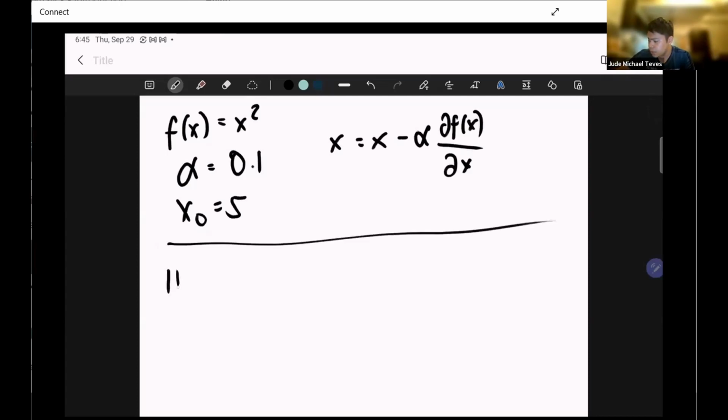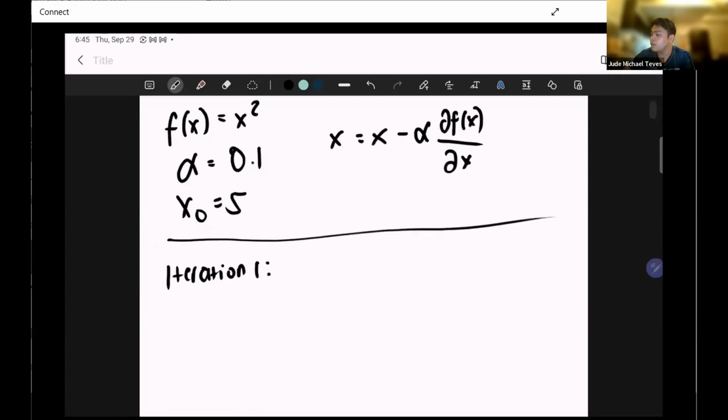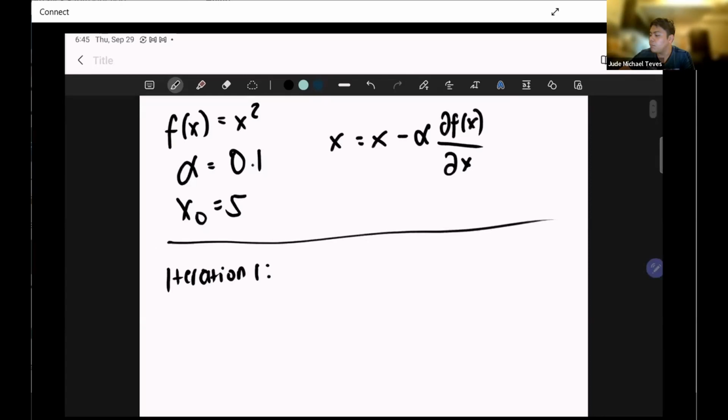Okay, let's start at iteration 1. Let's just follow this, okay? So x should be the current value. Sorry, let's say x sub 1.